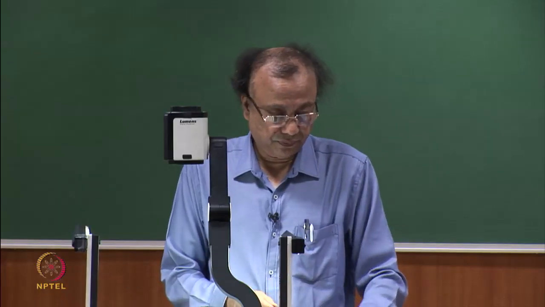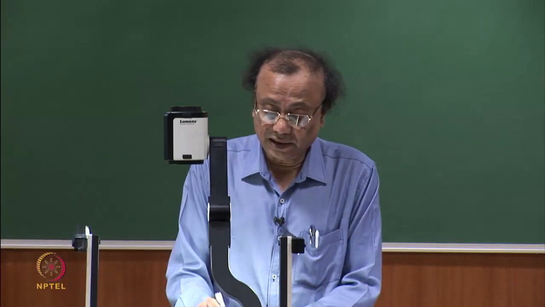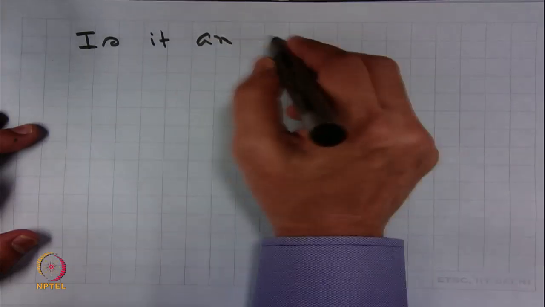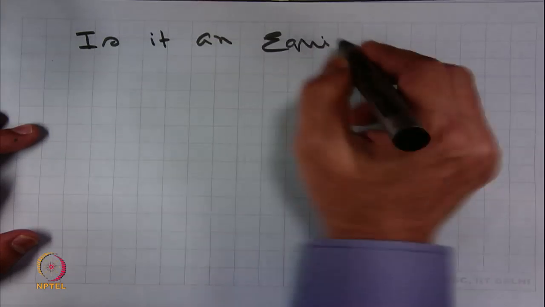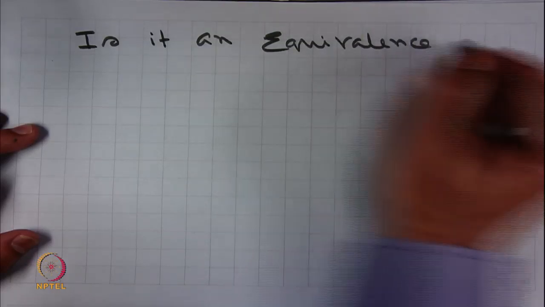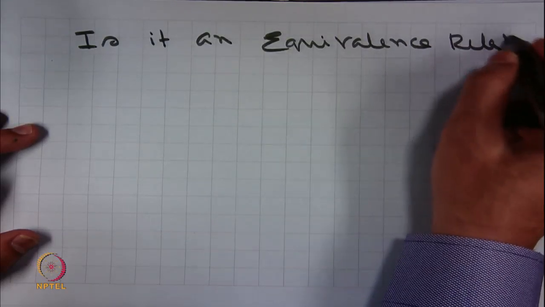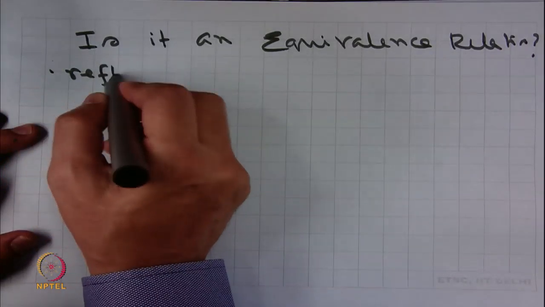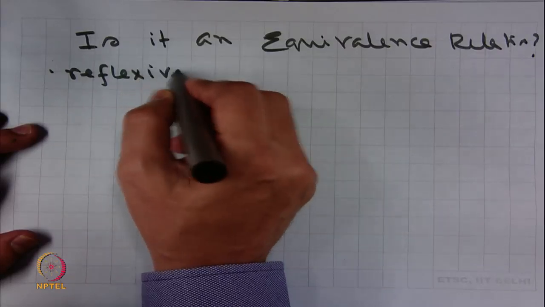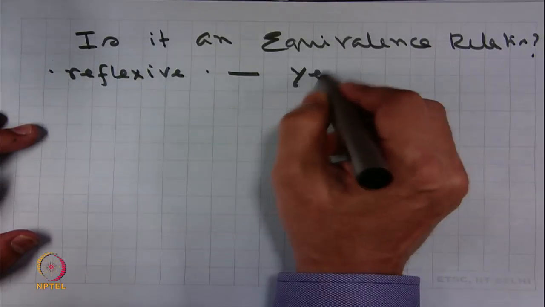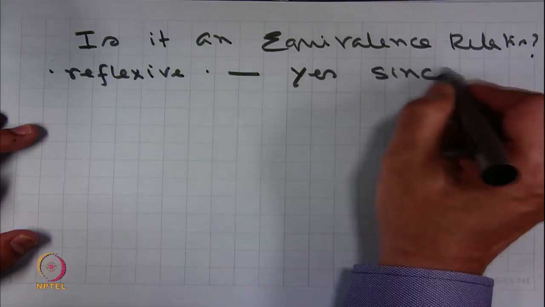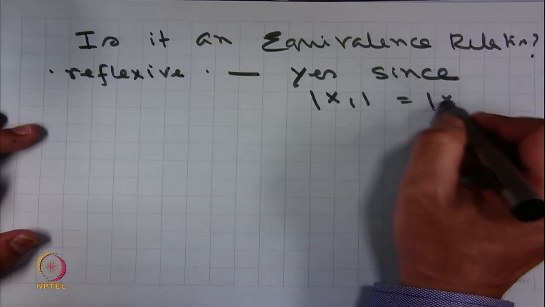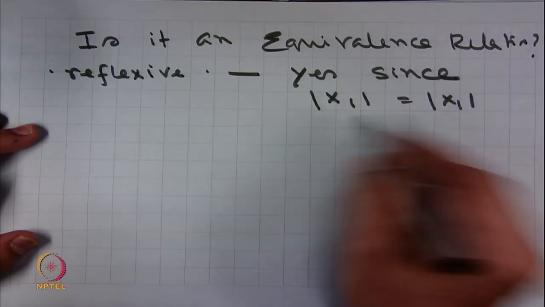Question is, is it an equivalence relation? So, let us check, is it reflexive? Yes, since cardinality of any x1 is the same as itself. Therefore, x1 is related to itself.